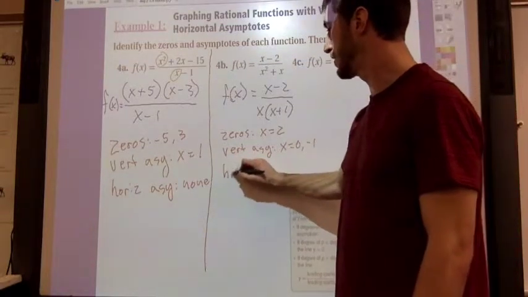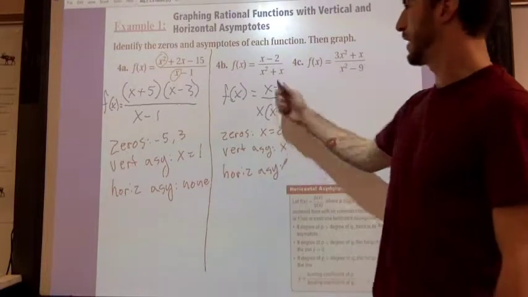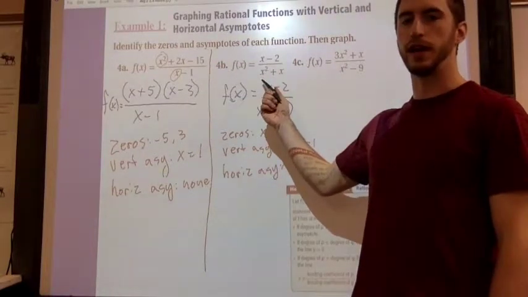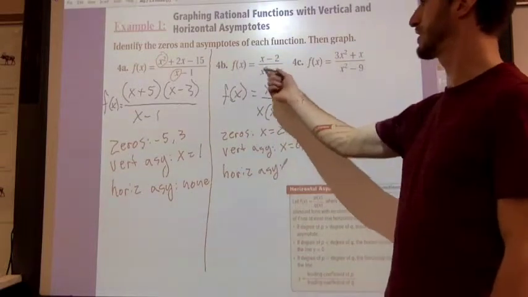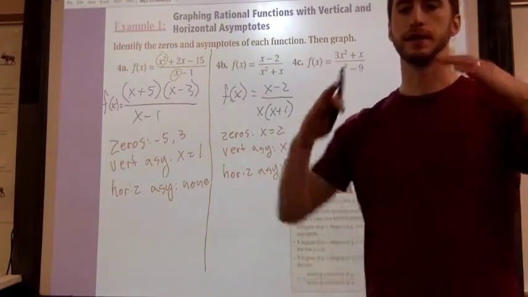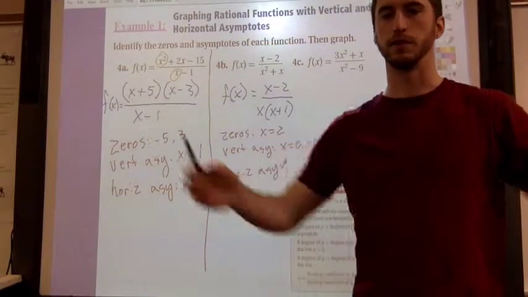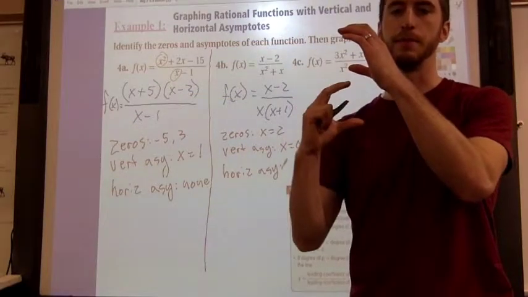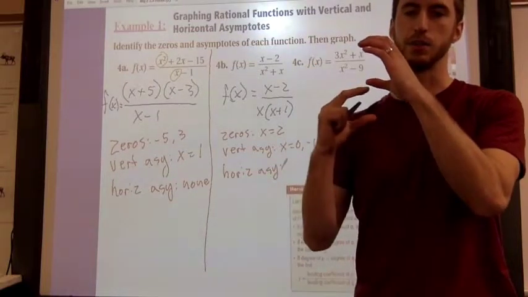And then for my horizontal asymptote, go back to my original equation and look at the leading powers. I've got an x on the top and an x squared on the bottom. So this means as my x values approach the infinities, we've got a smaller value being divided by a much larger value, right? We've got that x divided by x squared.